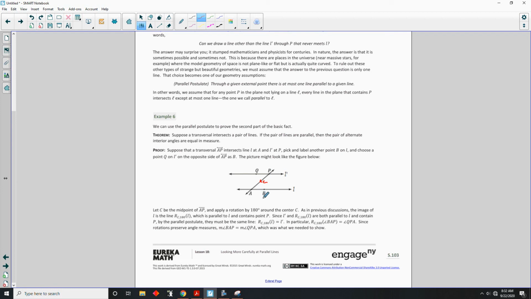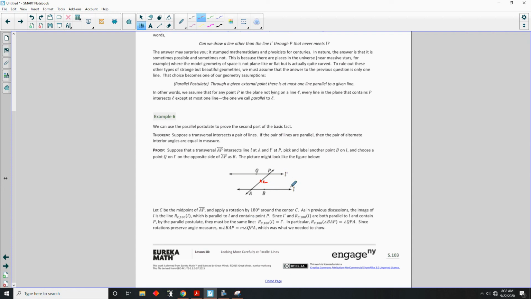And apply a rotation by 180 degrees about that center C. As in previous discussions, the image of L is the line rotated around C 180 degrees, which is parallel to L and contains point P. Since L prime and the rotation around C 180 degrees of L are both parallel to L and contain P, by the parallel postulate, they must be the same line.